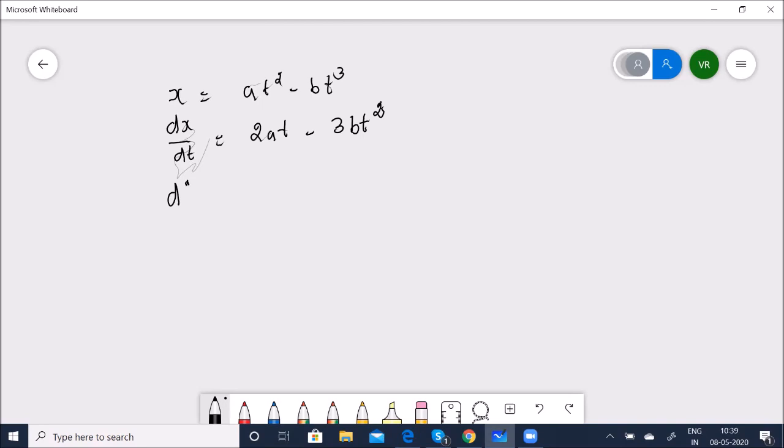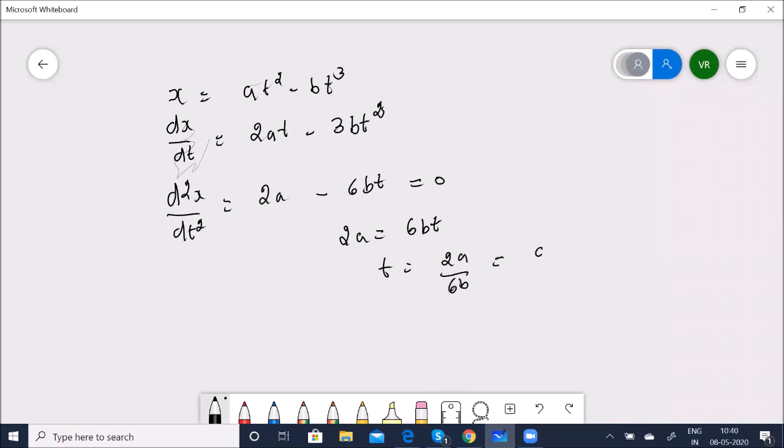That is d squared x by dt squared is equal to 2a minus 6bt. Now this is going to be 0. We have to find out t now, right? To find out t, let us take the acceleration to be 0. In that case, 2a is equal to 6bt, or t is equal to 2a by 6b, which is equal to a by 3.